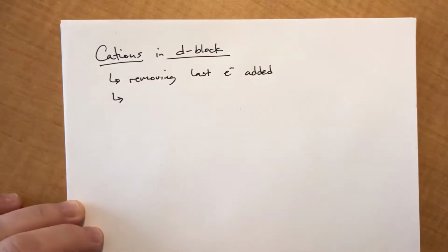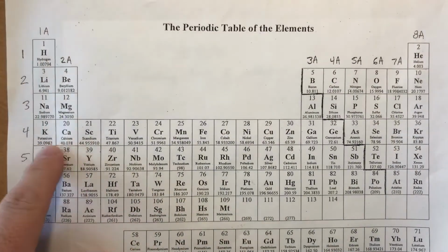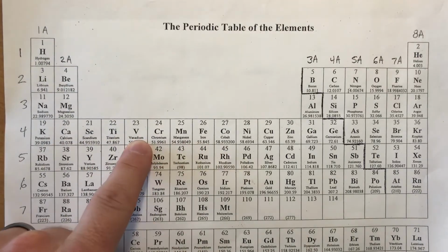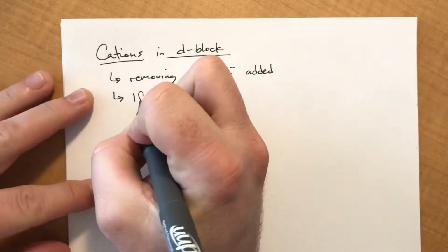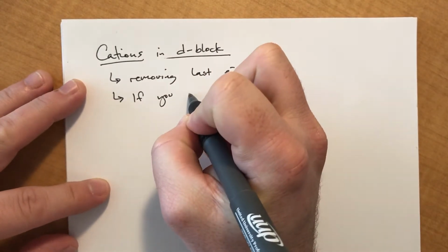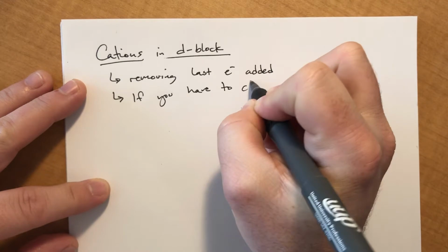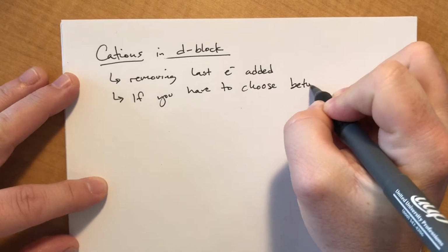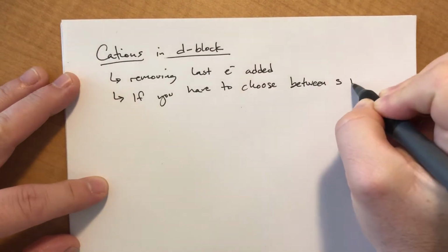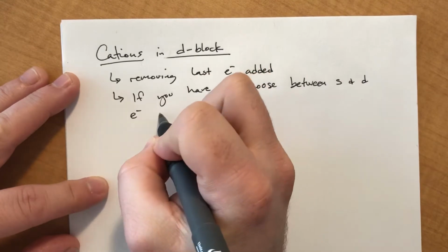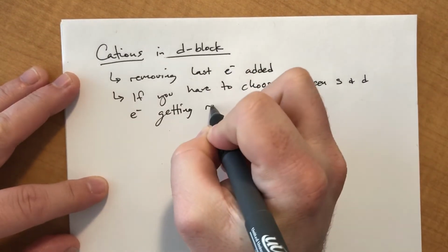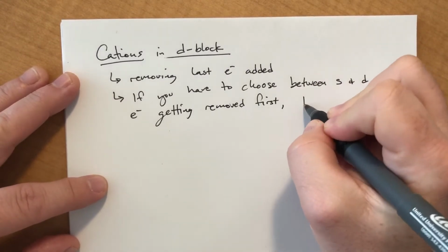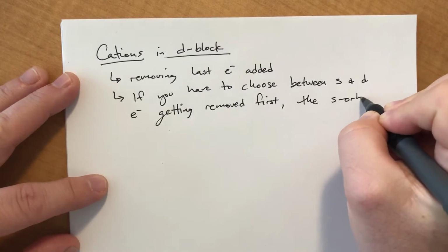The problem is that it turns out, if you have 4s and then 3d, the 4s electrons actually get removed first, even though the 3d were the last ones added. So if you have to choose between s and d electrons getting removed first, the s orbital electrons get removed first.